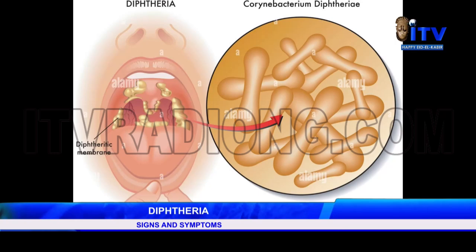Also, the swelling around there can occlude the airway, causing obstruction, and so the child dies from airway obstruction. But also importantly, the organism releases a toxin which can affect the heart. So it can cause myocarditis, and a lot of children die from that.